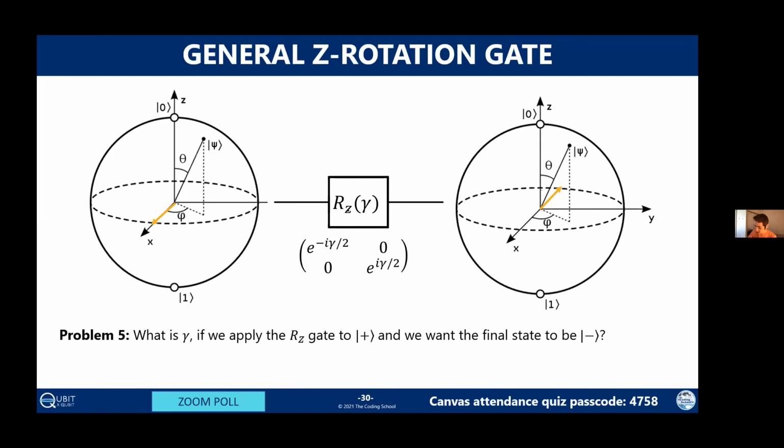Here we're doing a Z rotation, which means rotating about the Z axis. Picture sticking a skewer straight down through your sphere and spinning it like a globe. Actually, I'll throw up a poll for this. Sorry, I should have done that sooner. Throw your answer in the poll.